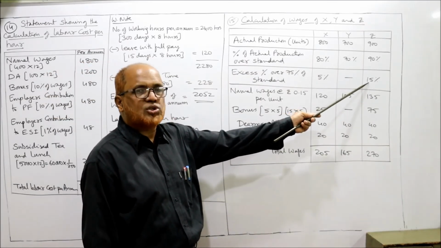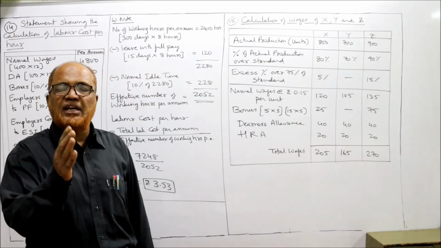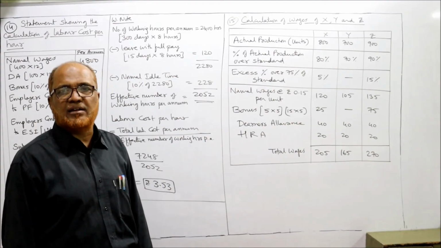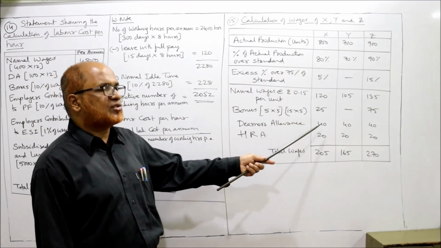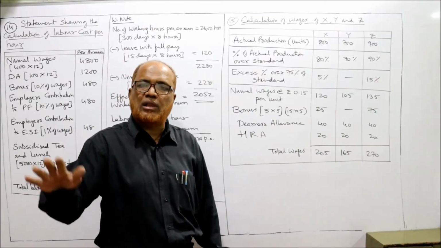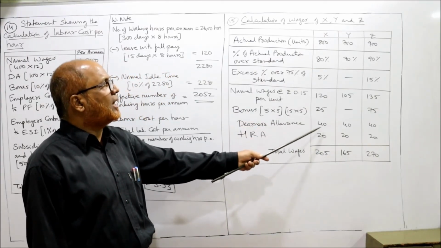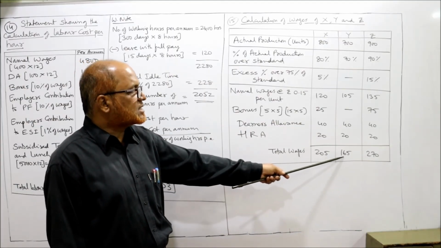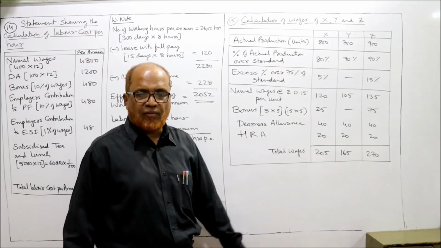Excess how much he has produced? 15. So 15 into 5, 75 rupees bonus Z worker will get. Apart from that, the dearness allowance, 40 rupees fixed for all the workers, and HRA 20 rupees fixed for all the workers. Then the total amount of wages will be 205 for X, 165 for Y, 270 for Z.